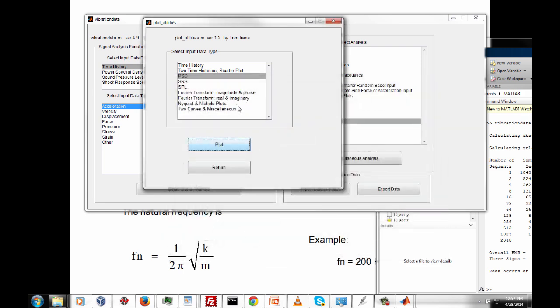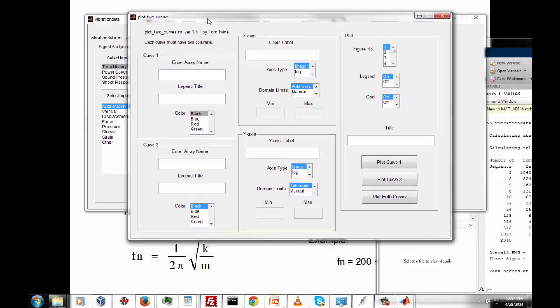We're going to do two curves. Our first curve here will be a response PSD. So I'm going to say response for the title. I guess we could also put in its overall RMS level, 11.4 GRMS. Color it blue.